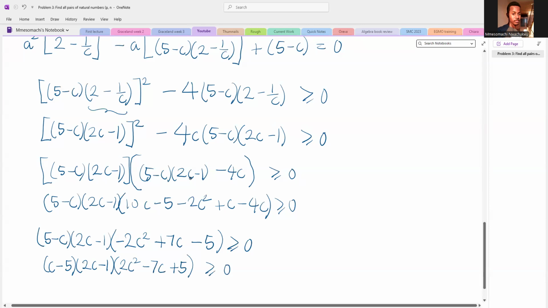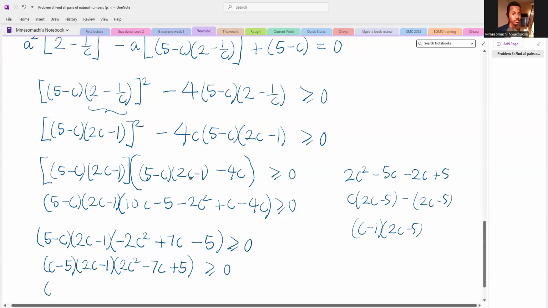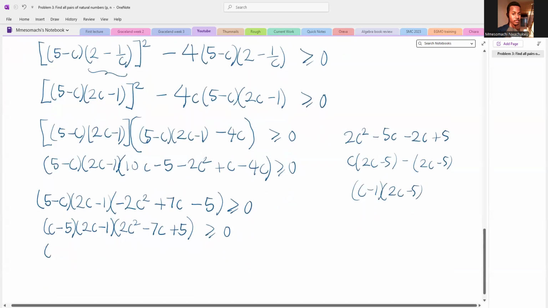We can actually factorize this. 2c squared, minus 7c can be broken down into minus 5c minus 2c plus 5. So we have c into (2c - 5) minus (2c - 5), so we have (c - 1)(2c - 5). Let me scroll up a bit.